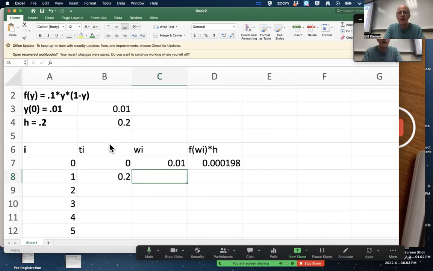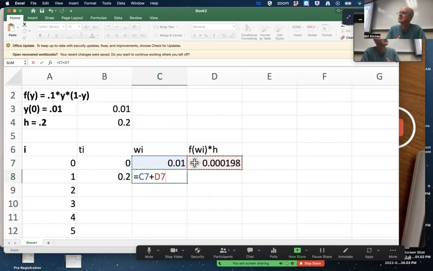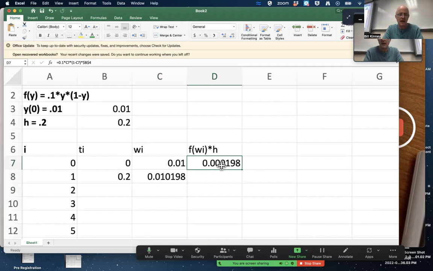Here's the key. Well, you could argue this is the key one and this is the key one. They're all key, I guess, but take this one and add that one. Right? The previous value of W plus the change in W. Now just copy and paste. Click and drag.